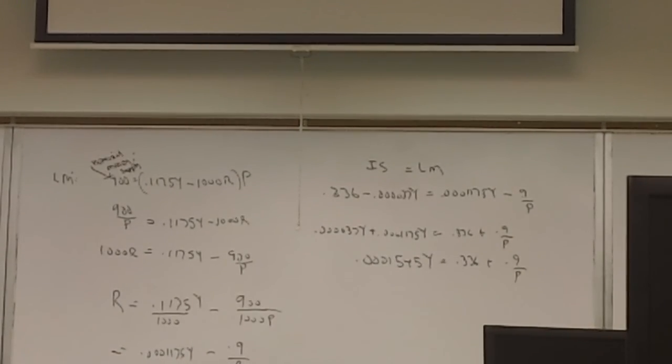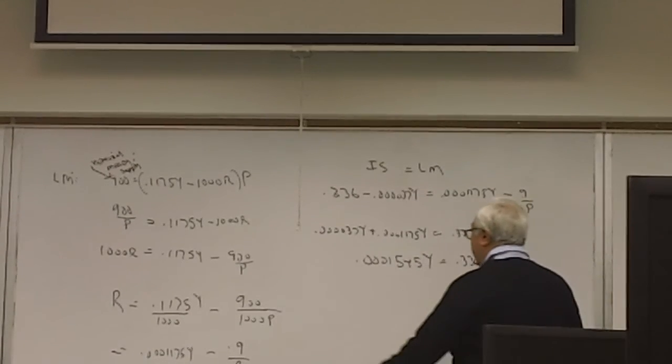And now we'll divide both sides by that and get y. This is called the aggregate demand curve.